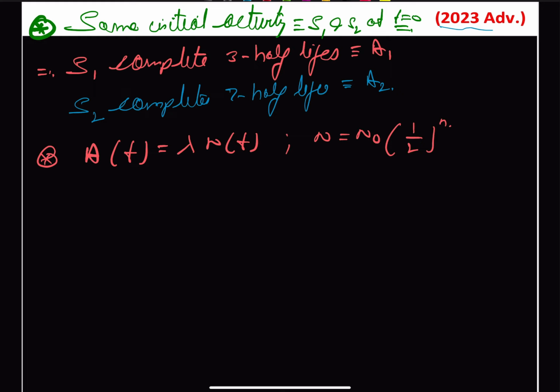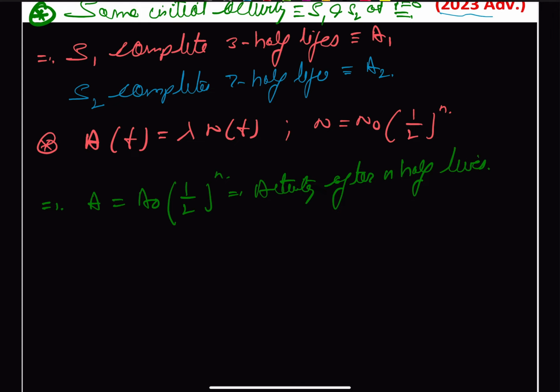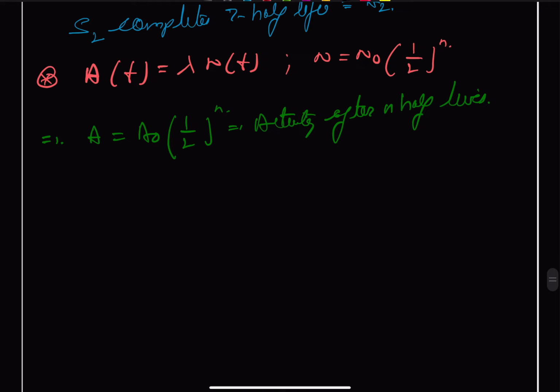And from here, combining both, we can write that A will be equal to A naught times 1 by 2 raised to power n. So we get our activity after n half-lives. So now we have two samples S1 and S2.